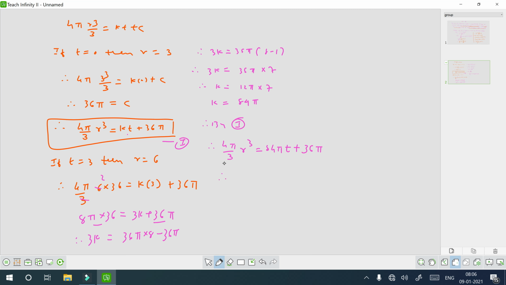So after cancelling 4 pi, we get r cube is equal to 63t plus 27, and therefore r is equal to 63t plus 27 raised to 1 by 3. That is the radius of the balloon after t seconds.